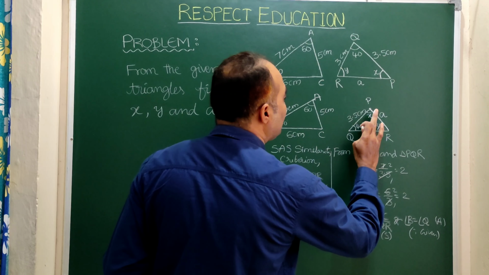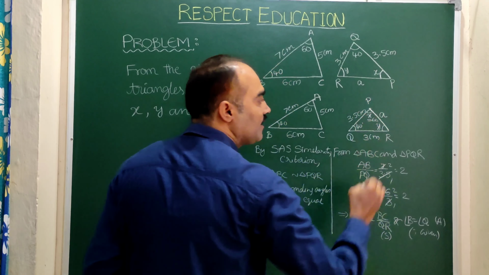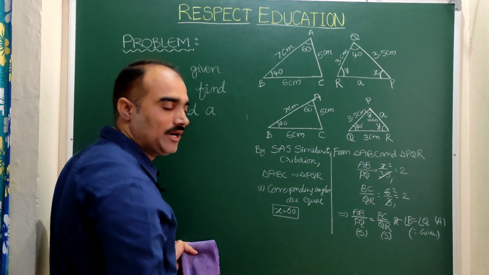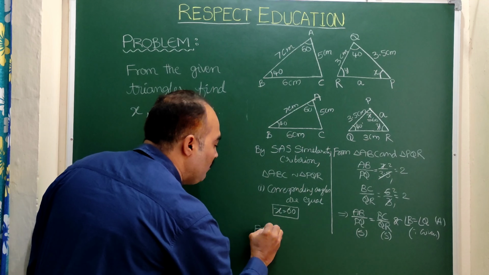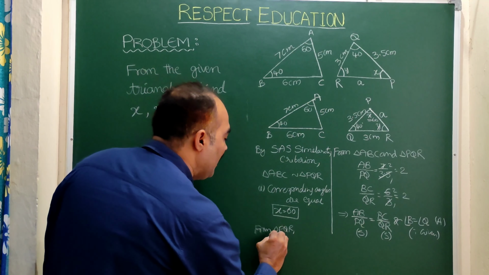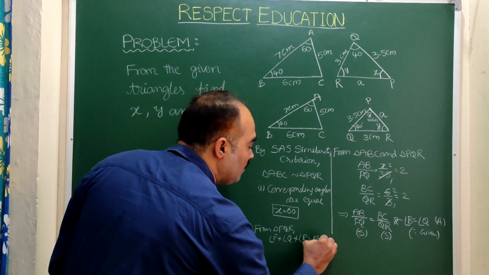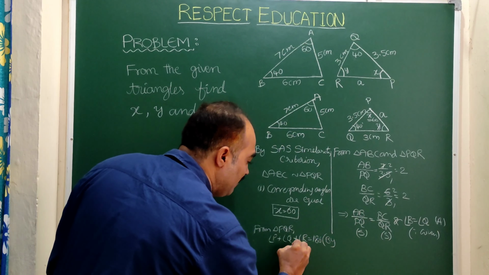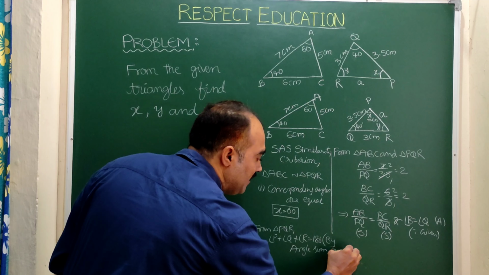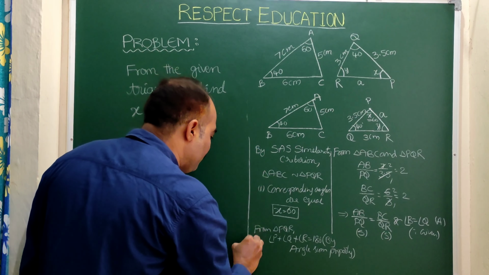Now in triangle PQR, let us apply the angle sum property. By angle sum property, angle P plus angle Q plus angle R is equal to 180. Sum of the three angles is 180.